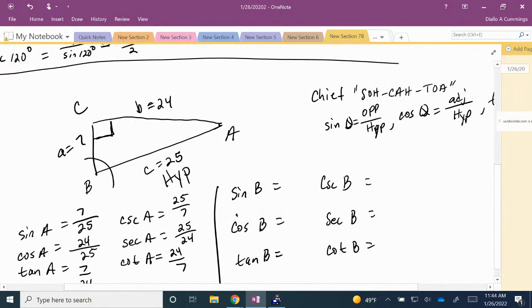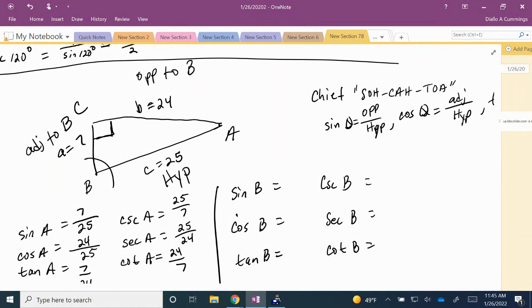The side that's opposite angle B is side length B, so side length B serves as my opposite. And side length A serves as my adjacent to angle B. So I have my hypotenuse, my opposite, and my adjacent listed.